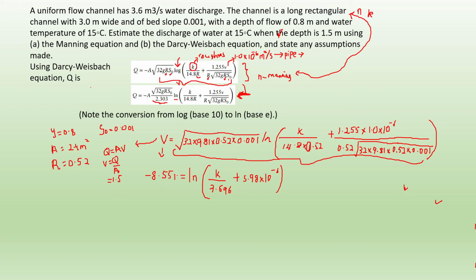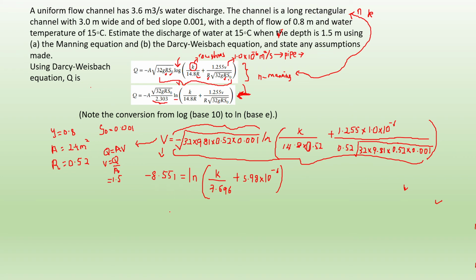This negative 8.551 is simply V divided by this term.